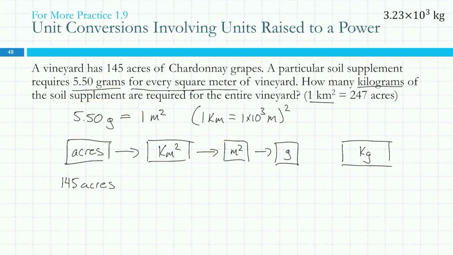Actually, I don't need to move that away. So then how do I bridge this last step? Can go grams to kilograms. 1 kilogram is equal to 1 times 10 to the 3 grams. And that should do it. That should just solve the problem.